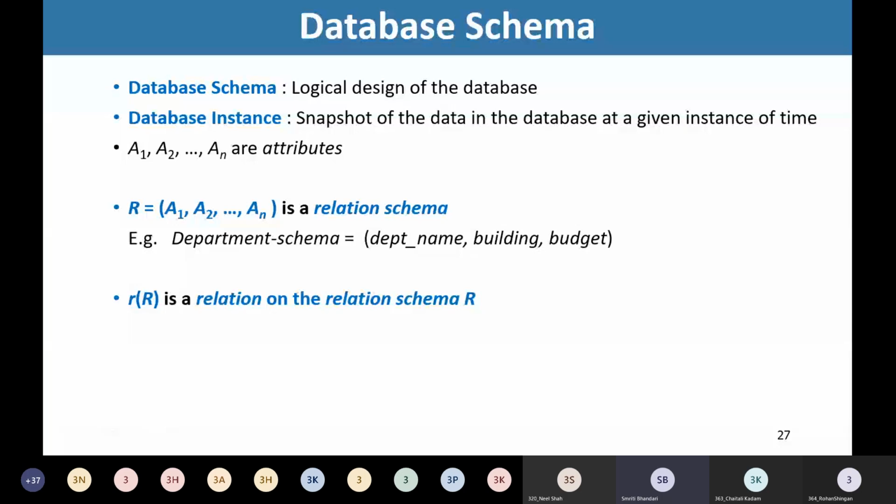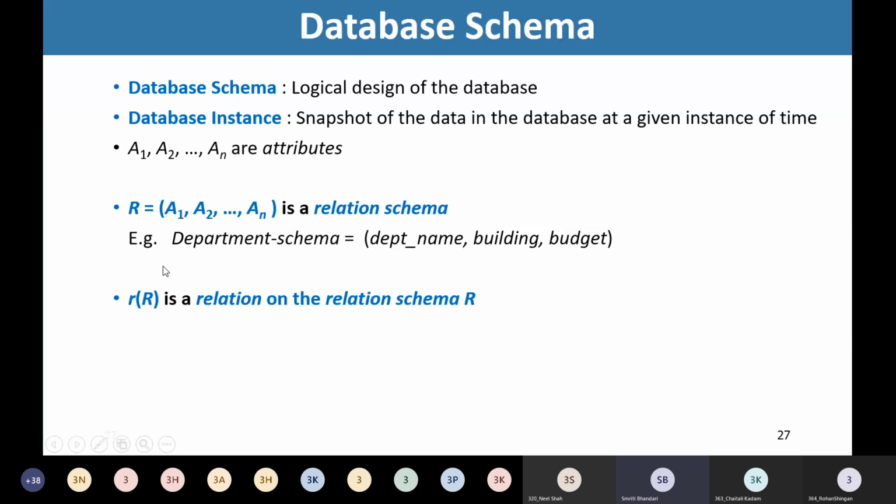For example, if we have a department schema, we denote it by the set of attributes. So the department schema comprises three attributes: department name, building and budget, right?